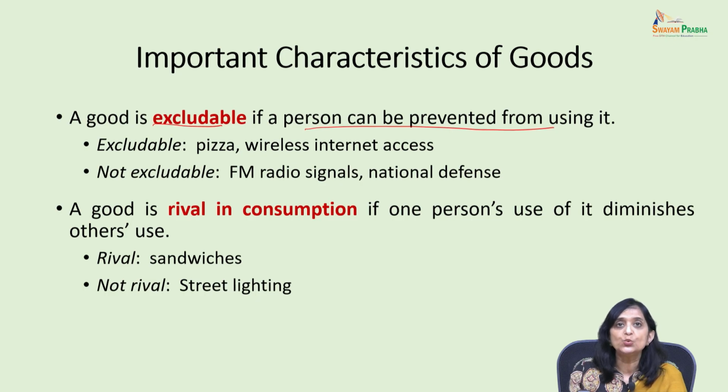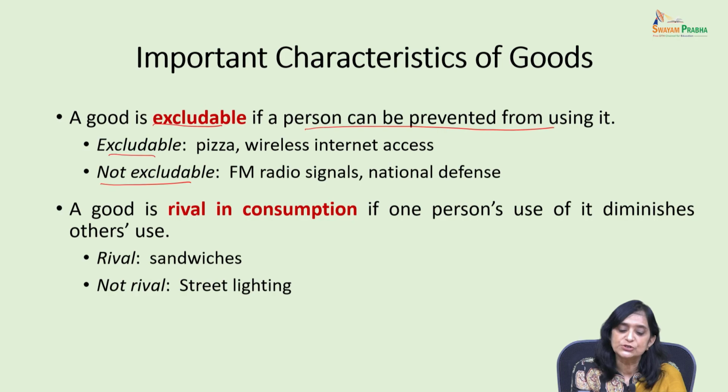When we are excluding the consumption of a good intentionally, that good is called an excludable good. But if we are not able to exclude the consumption of that good or service for everyone or for certain people, then it is called not excludable.